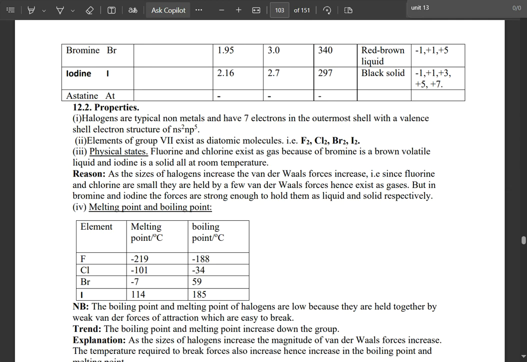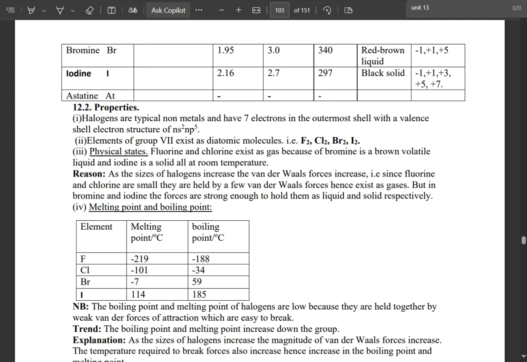They are not high values that we can assign to these elements. Compared to other elements in the same group, they are in a gaseous state, which means they evaporate at a lower temperature. As we arrive at bromine and iodine, the characteristics change.